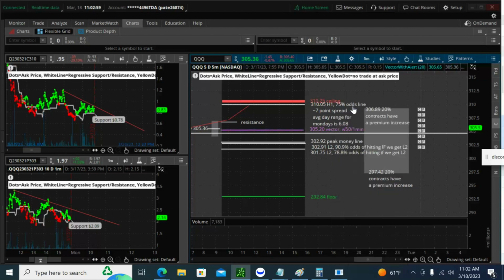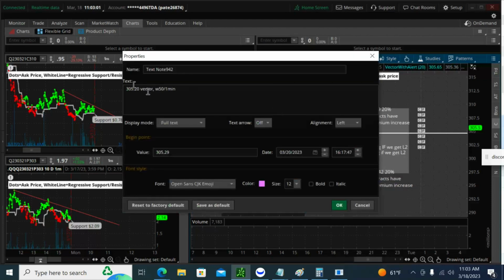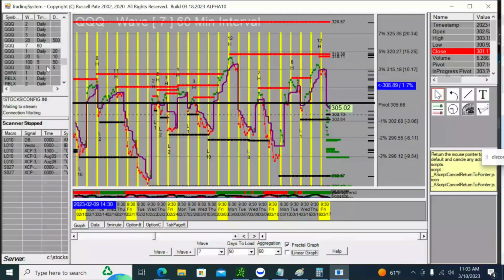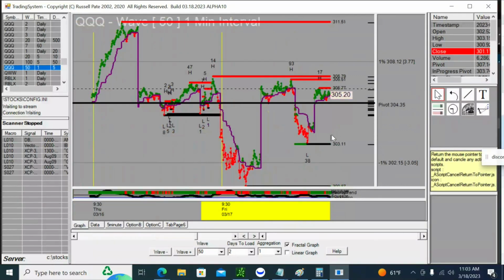So that's the vector. Oh, that was on the 1 minute. Okay, sorry. But yeah, so on the 51, so the 305.20.